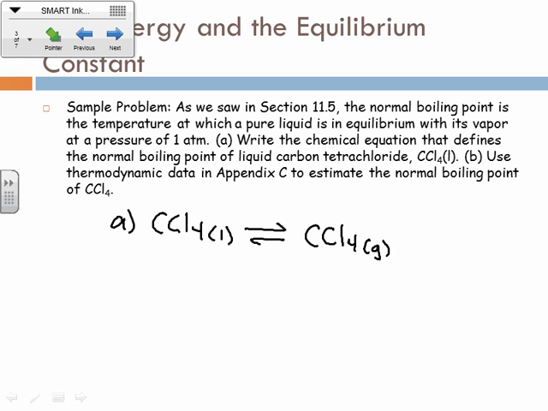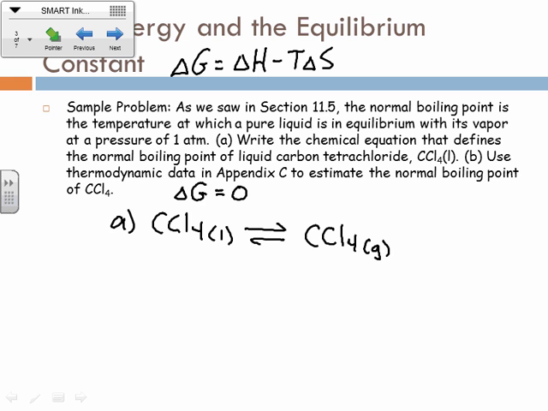Okay, now, at equilibrium, what is our delta G? Yeah, delta G is 0 at equilibrium, right? Okay, so when it says use thermodynamic data in Appendix C to estimate the normal boiling point of CCl4, what we kind of have to do here is think about this equation, delta G equals delta H minus T times delta S, the equation that we learned the other day, okay?